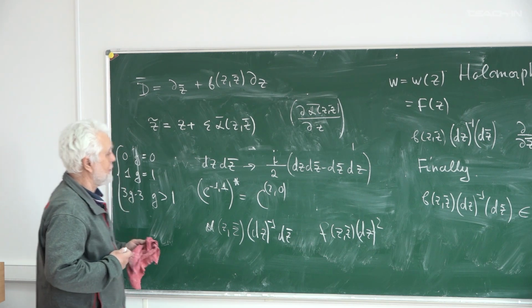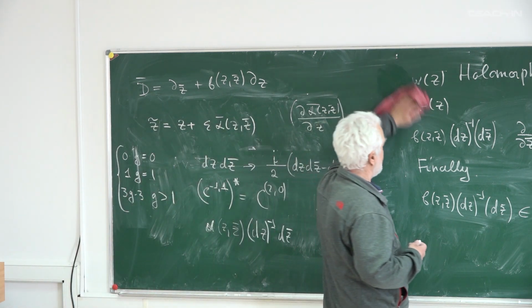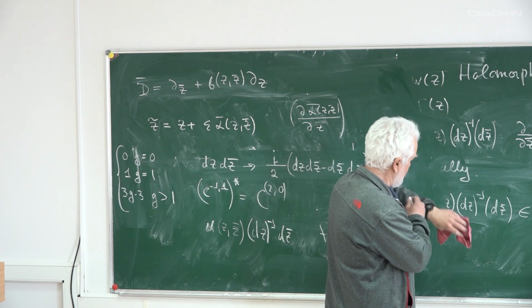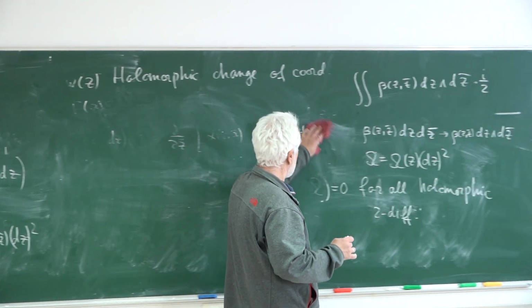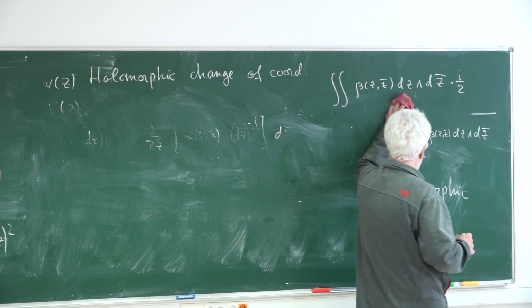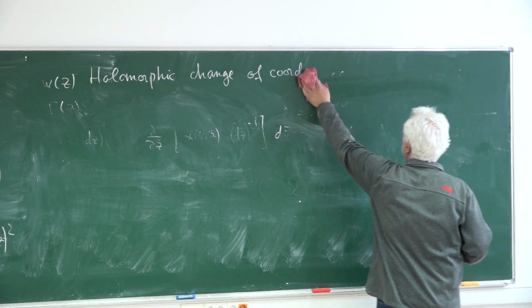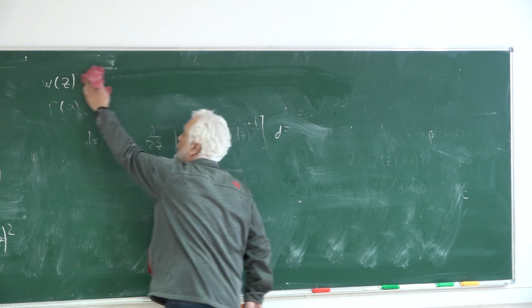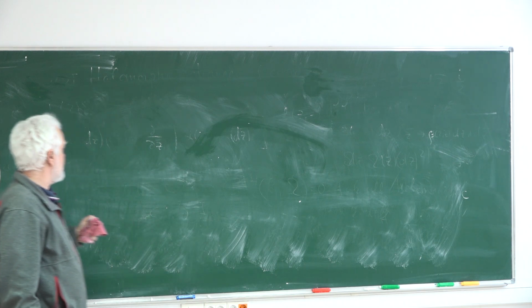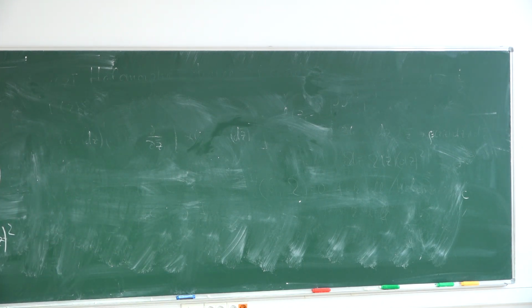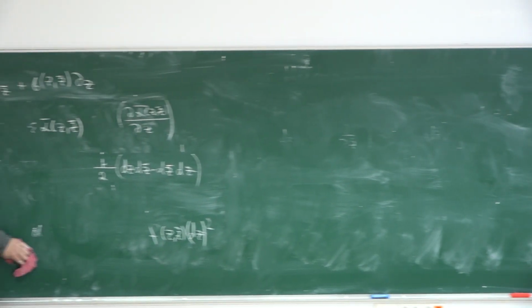Let me spend the remaining 10 minutes, or 5 minutes, on a new topic. I hope that, at least in conformal field theory, the most popular object is the Virasoro algebra. Let's start from the Virasoro algebra with zero central charge.